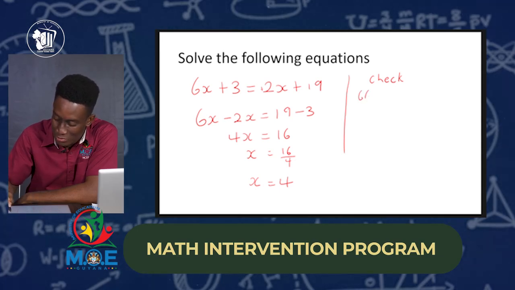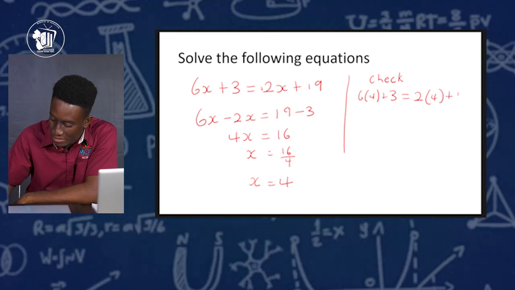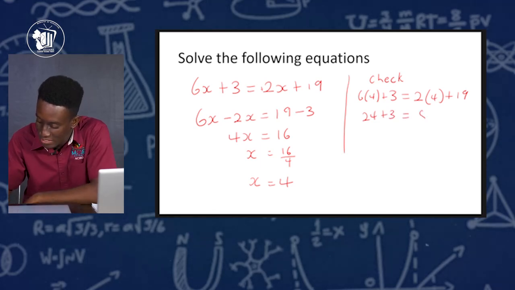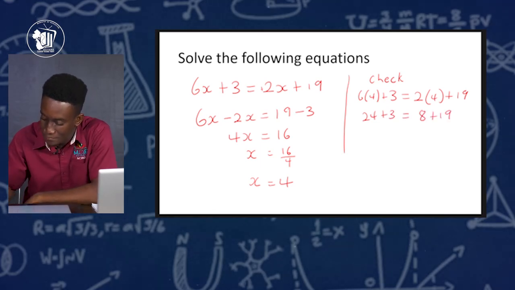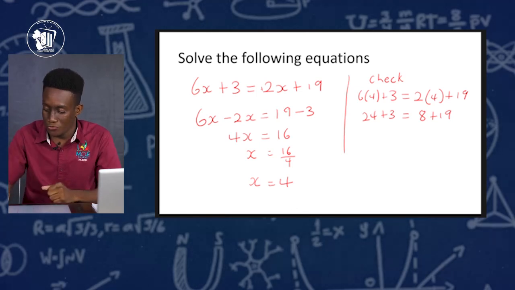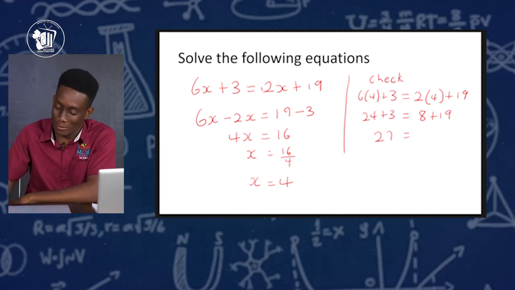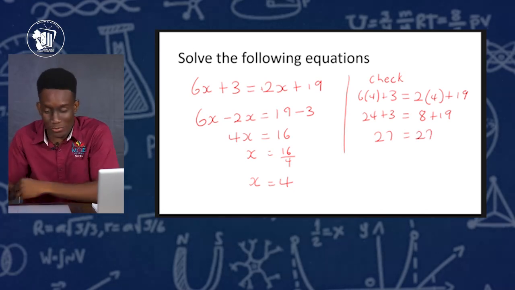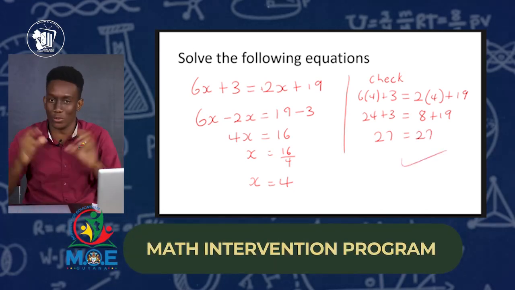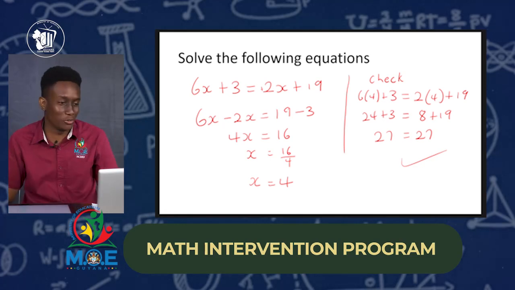So 6 multiplied by 4 plus 3, that should be equal to 2 multiplied by x, which is 4, plus 19. So 6 4s 24 plus 3 is equal to 2 4s 8 plus 19. So 24 plus 3 would give us 27, and that is equal to 8 plus 19, which would give us 27 as well. So it's balanced, it's checked, so we know what we did is absolutely correct.